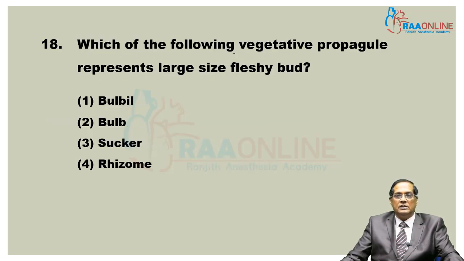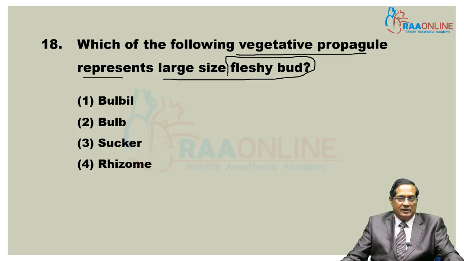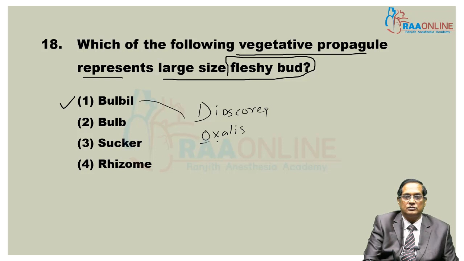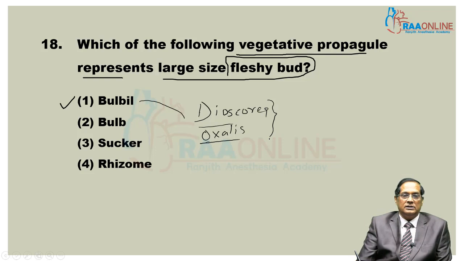Question number 18. A vegetative propagule representing a large fleshy bud is known as a bulbil. Bulbil formation is seen in Dioscorea, number one example, then Oxalis. These two are good examples. They form a fleshy bud. This bud is for perennation as well as reproduction.